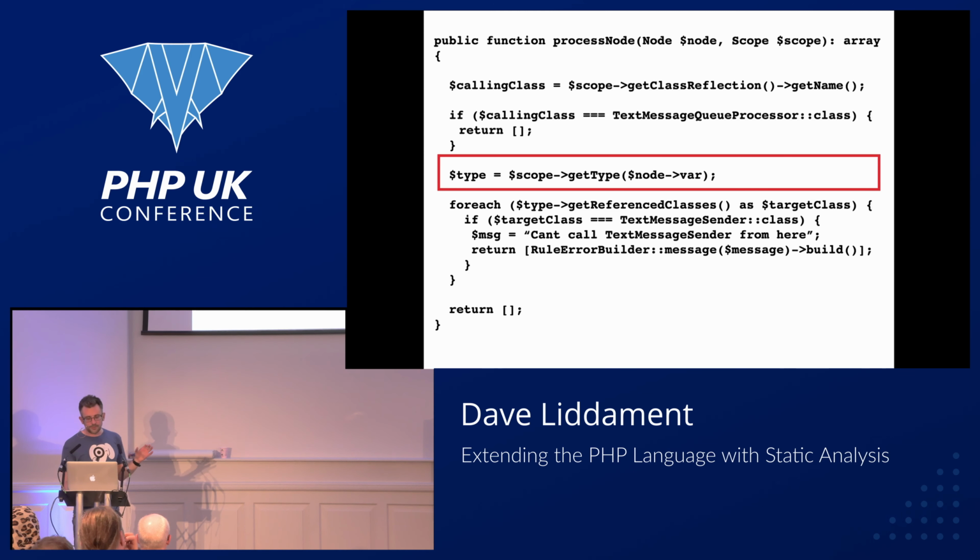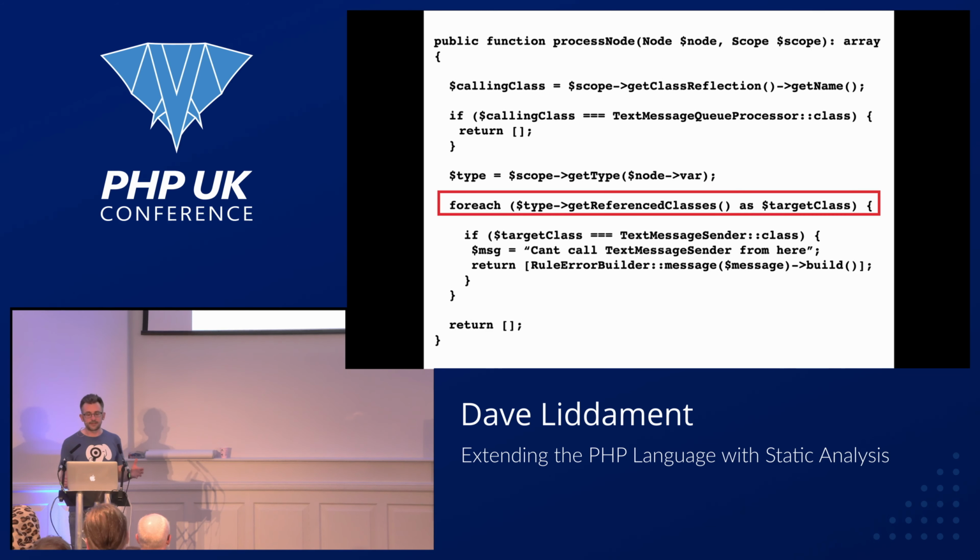Now type can be anything. It could be a primitive type, or it could represent a class, or a resource, or anything. So then we say, get me all of the classes that type could be. The interesting thing here is, surely you might be thinking, this $sender can only resolve to one class.